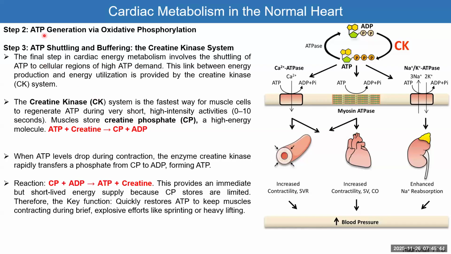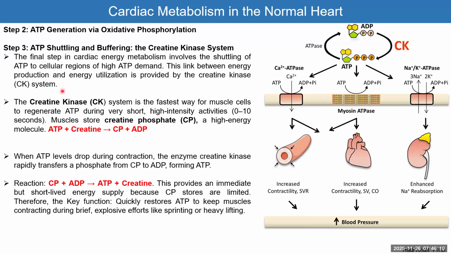Once that ATP is generated, the final step of cardiac energy metabolism involves the shuttling of that ATP into the regions of high ATP demand, which means the cardiomyocytes. The link between energy production and energy utilization is mainly provided by the creatine kinase system.